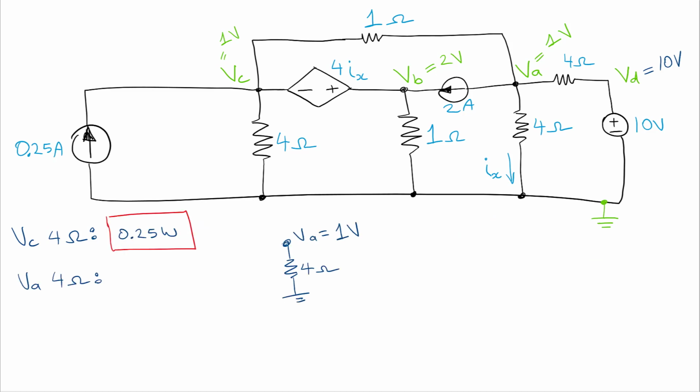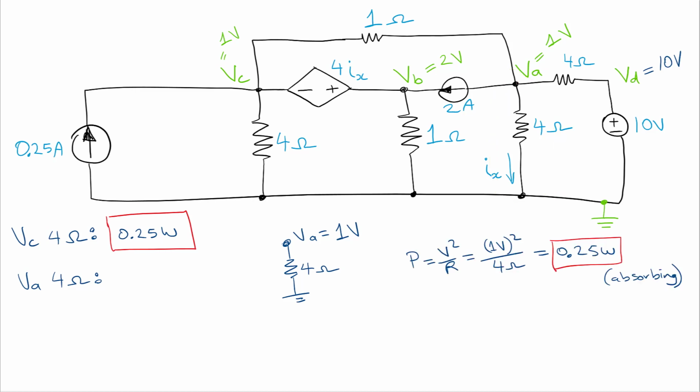Let us do the second 4 ohms, the one that's associated with VA. So that's this one here. Okay, well, it's the identical analysis. So I've drawn the circuit just to make it a little bit more visible, to isolate it so that our calculations are a little bit easier.